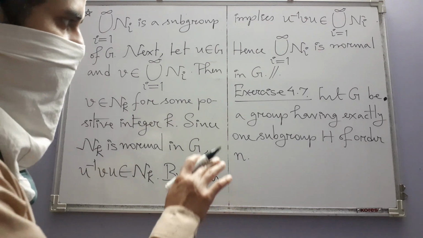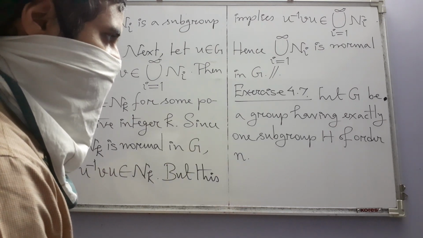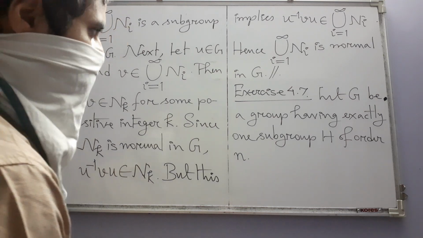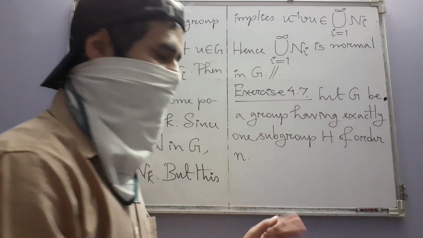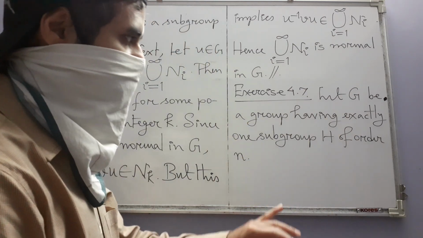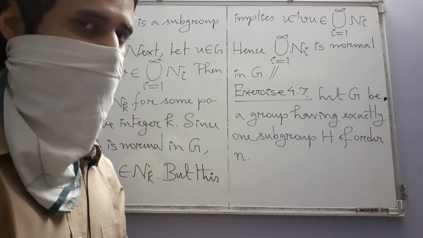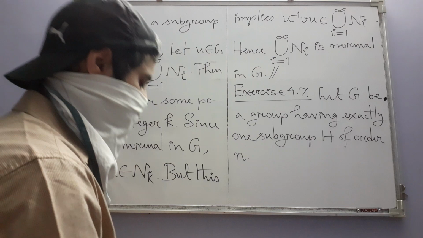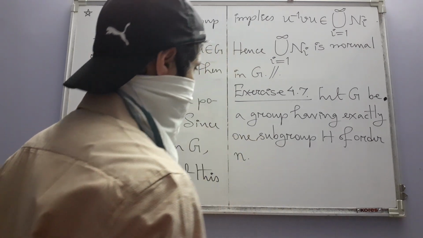Okay, so G has a subgroup H of order n, and that is the only subgroup of order n. Note one thing carefully, that G itself may not be a finite group. G may be infinite, but H is finite and H has order n, and it's the unique subgroup of order n. Show that H is normal in G.